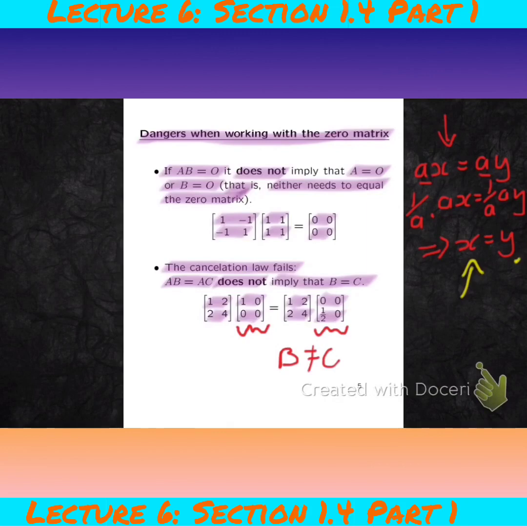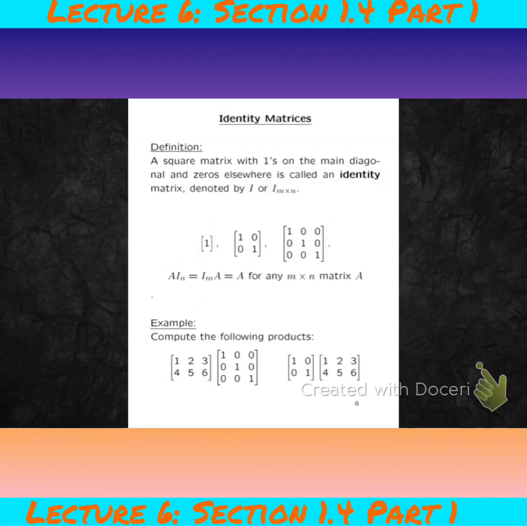But the question now is, how does inversion in matrices work? What is the inverse of a matrix? That is what we will get to next. Before we get to inverses, we need to know what an identity matrix is. If you go back to real numbers, if x is a non-zero real number, then the inverse of x will be 1 over x.